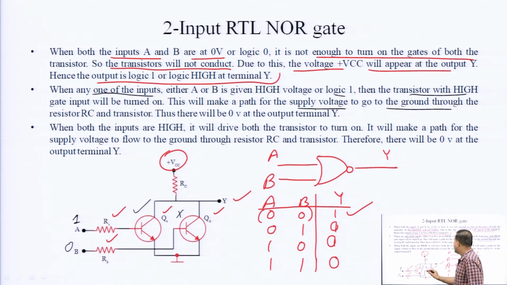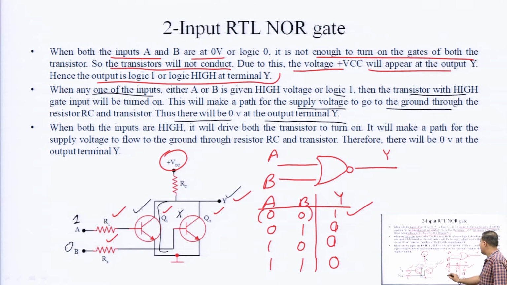It will act as a closed circuit, and the output will be connected to ground, and thus there will be 0 volt at the output terminal. That is why we are getting 0 in this condition, 1 0. So, we are getting output as 0.